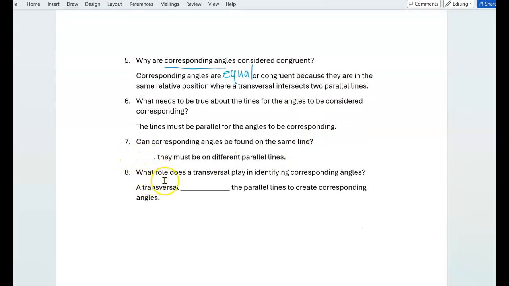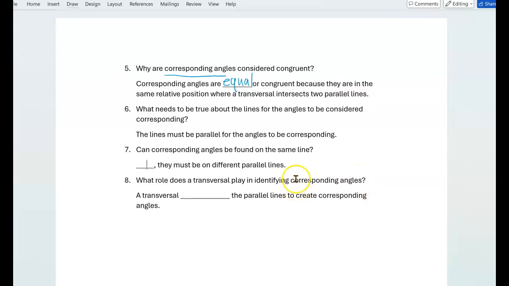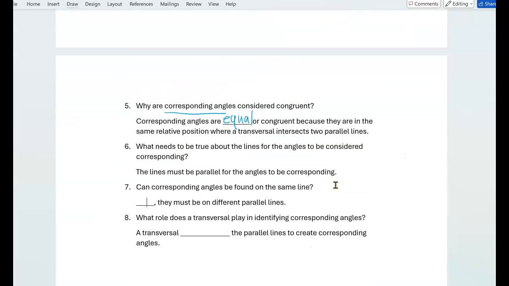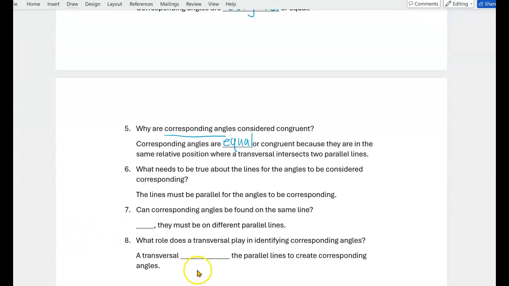Number 8, what role does a transversal play in identifying corresponding angles? Transversal, the transversal line that goes through two lines that are parallel. What role does a transversal play in identifying corresponding angles? A transversal blank the parallel lines to create corresponding angles. A transversal, what? Okay, yeah, you could write two words.